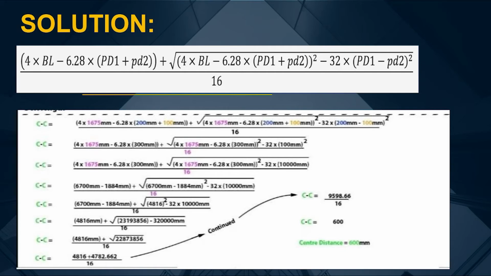So you just have to input the given information in the formula, and if you calculate it with a calculator, you will come up to an answer of 600 millimeters for the center distance. That's the value of the center distance.